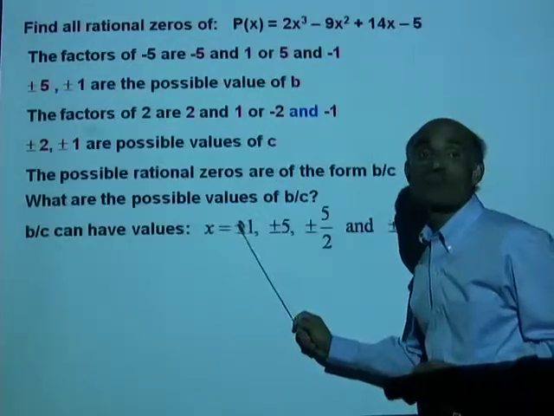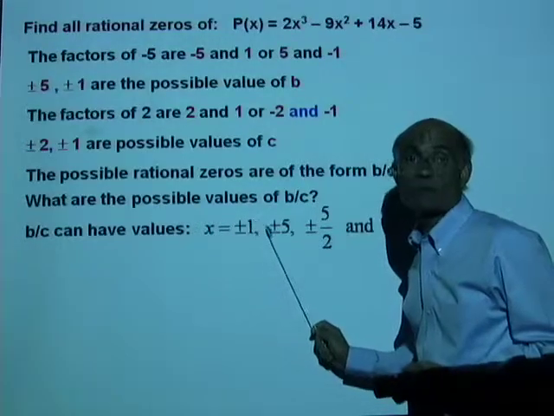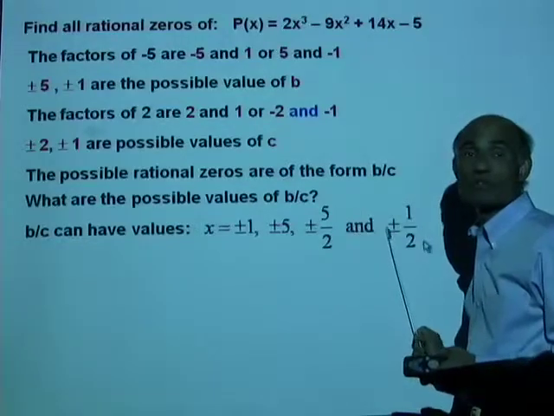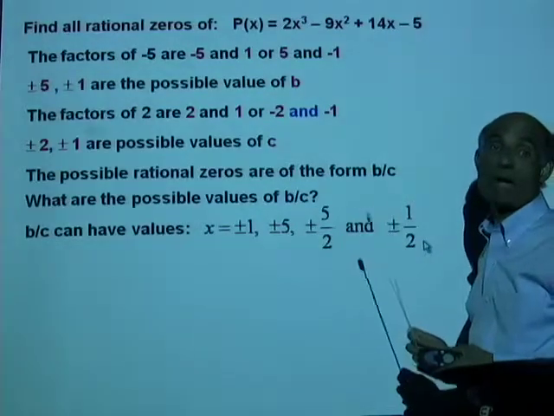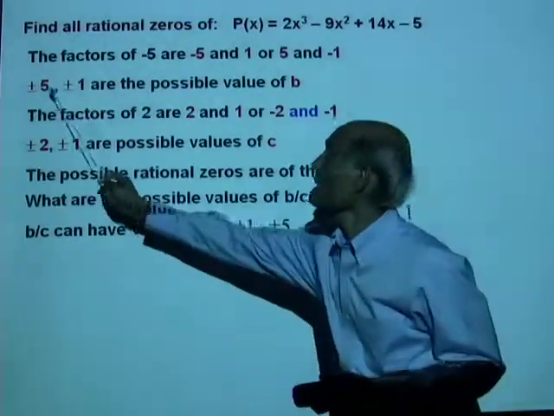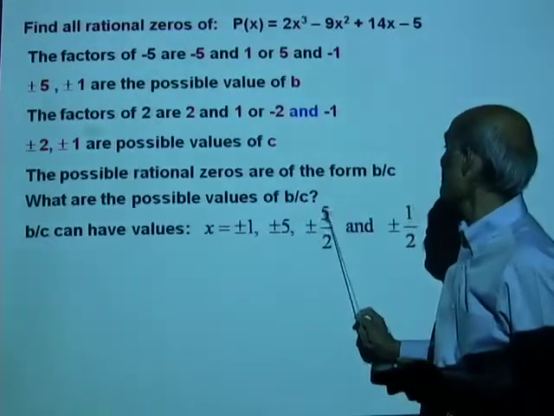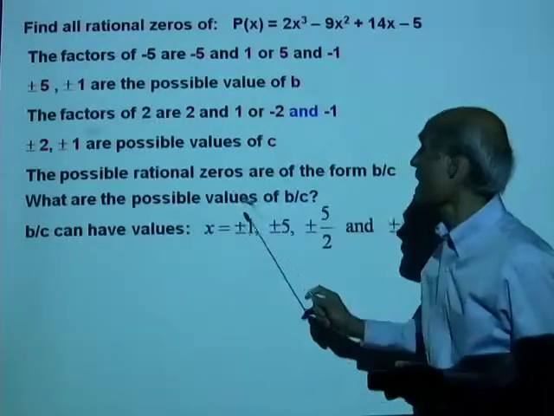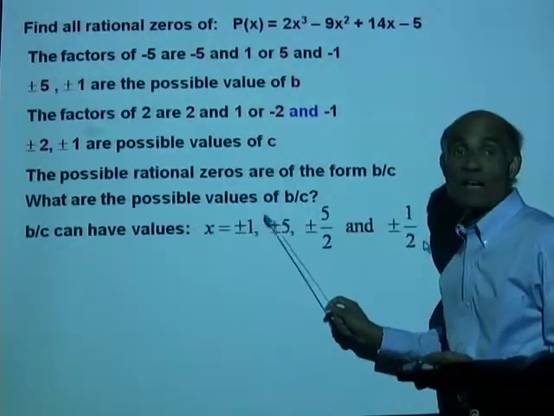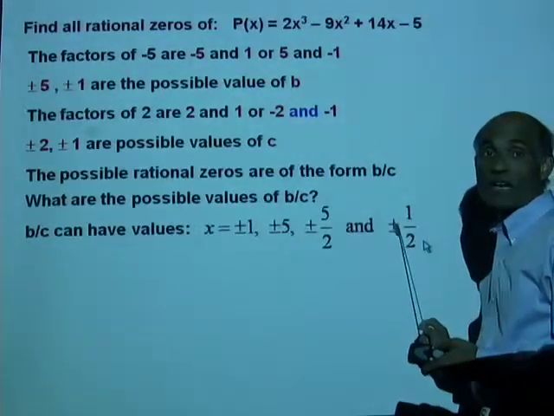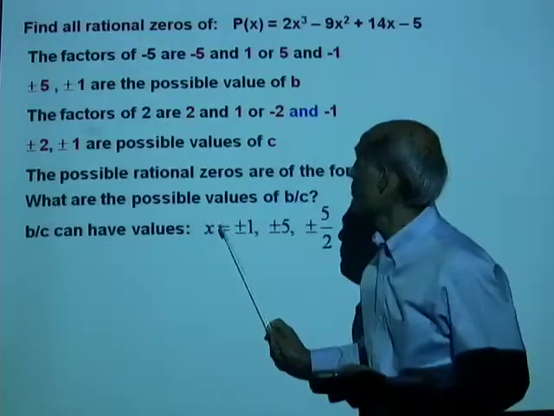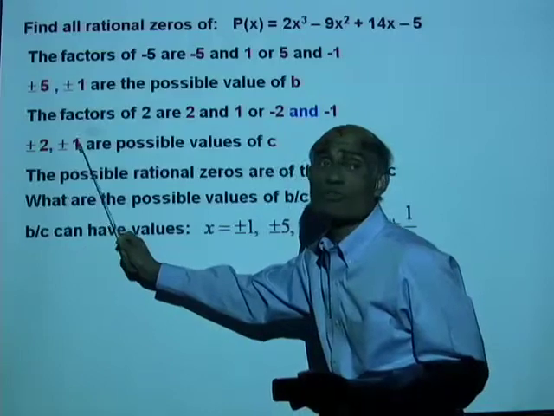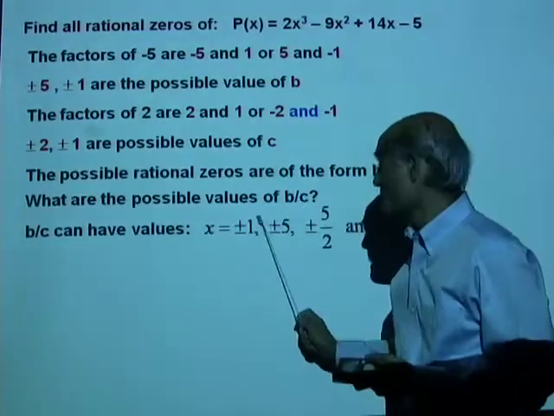It can be plus or minus 1, plus or minus 5, plus or minus 5 over 2, and plus or minus 1/2. You see, we said plus or minus 5 or plus or minus 1 has to be the numerator, and all these are taken care of here. So when plus or minus 1 is the numerator and plus or minus 1 is the denominator, you can have this.